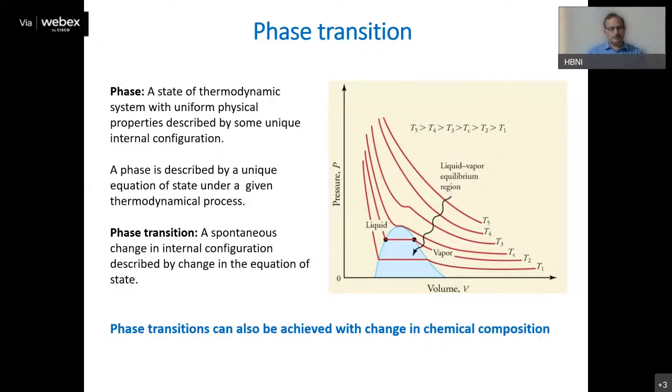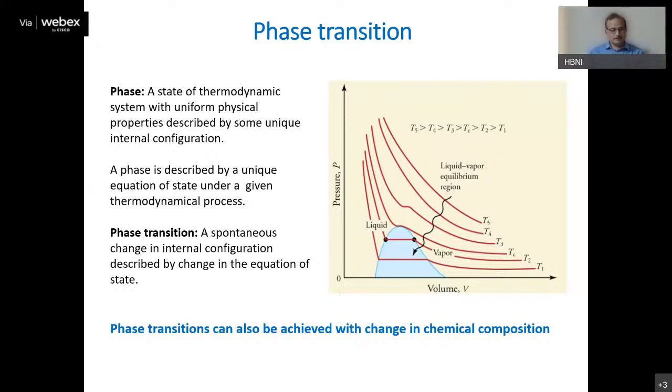Here I will be mostly concerned with structural phase transitions, so by internal configuration I mean the structure of the phase. Depending on the internal structure of the system, there will be a phase or configuration which has uniform physical properties.